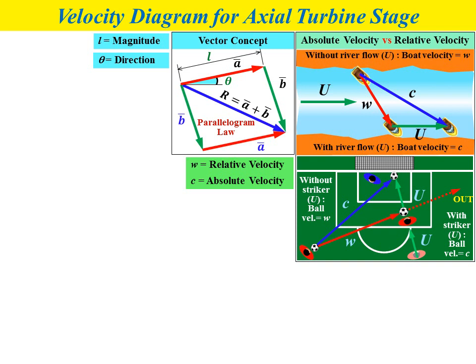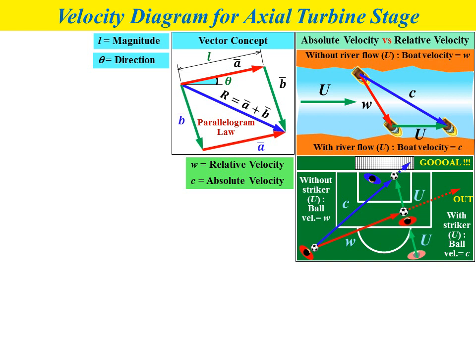So when we consider the striker speed, we will get a new vector that we refer to as vector C, and this vector C refers to the absolute velocity, or the actual velocity, of the ball, and the result will be different. So the ball will enter the goal. So that is the difference between absolute velocity and relative velocity.